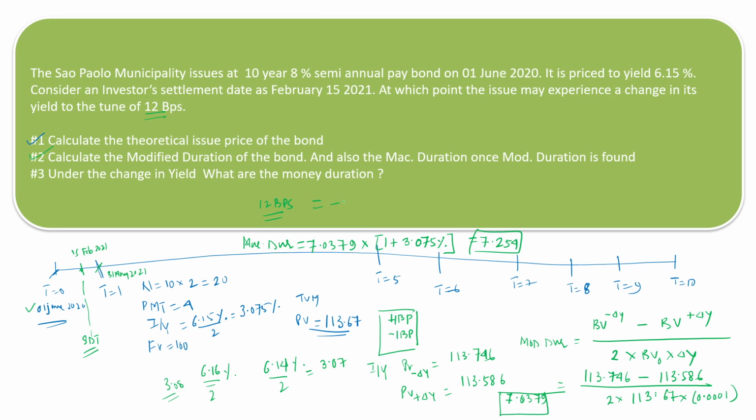So money duration is nothing but the annualized modified duration multiplied by the market value of the security into the change in the yield expressed in decimal, right? We have already gotten hold of the modified duration, 7.037, and the market value of the security we have also found out. Multiply that with the 12 basis points, right? That's how we do it.